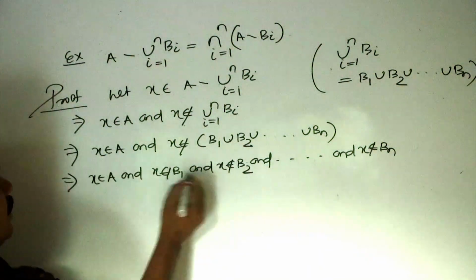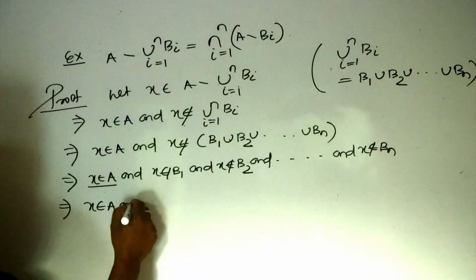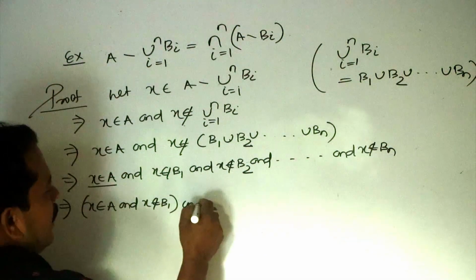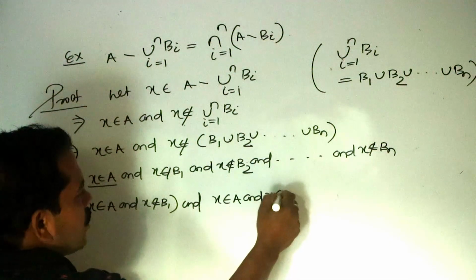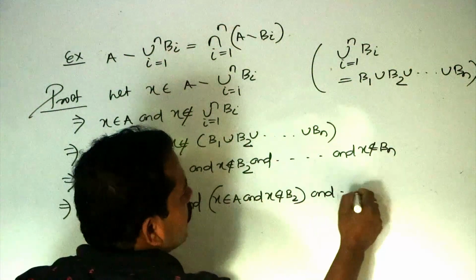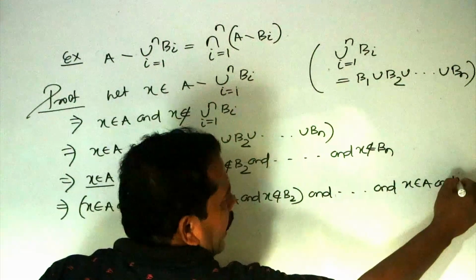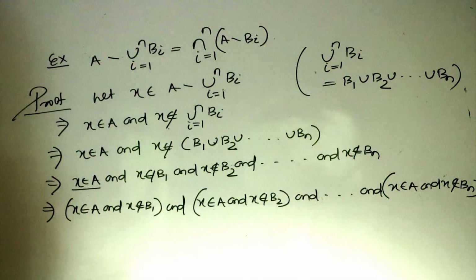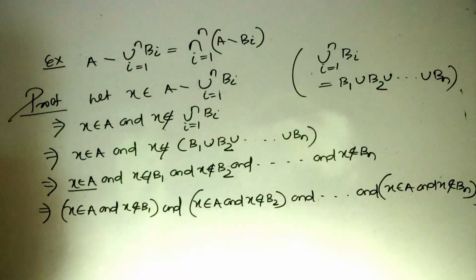Now each B1, B2 will be connected with A. X belongs to A and X does not belong to B1, and X belongs to A and X does not belong to B2, and dot dot dot and X belongs to A and X does not belong to Bn. Each set A is combined with B1, A with B2, A with B3, A with Bn.